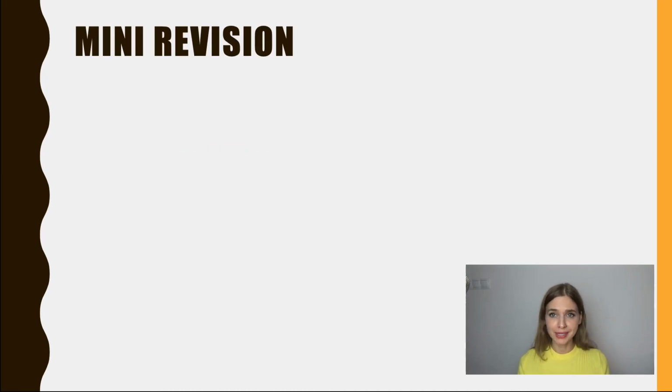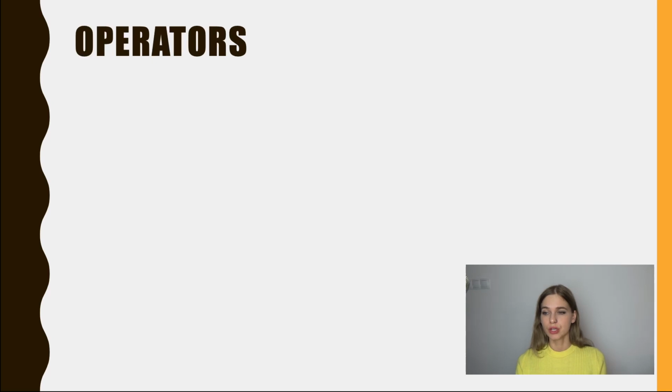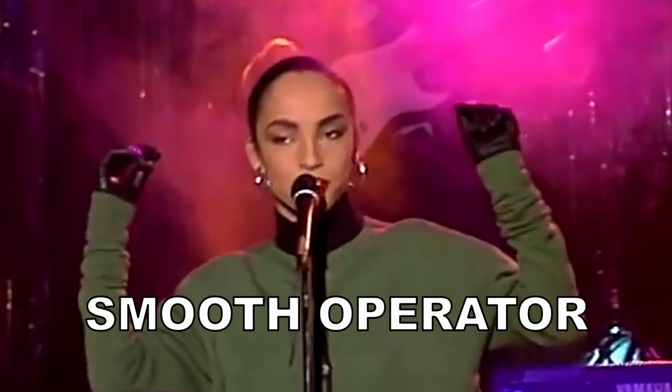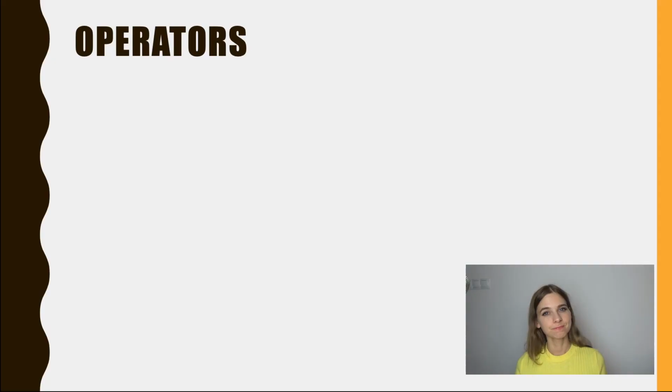And last but not least, mini revision. So guys, do you remember, or can you tell me what operators are? Operators operate on operands. Operands are elements of the operation, and we've got many different operators. We've got arithmetic operators like multiplication, division, subtraction, and so on.